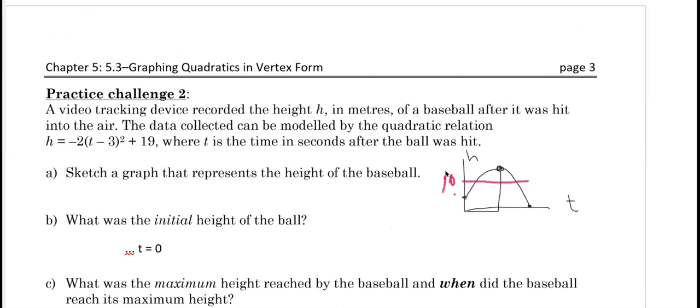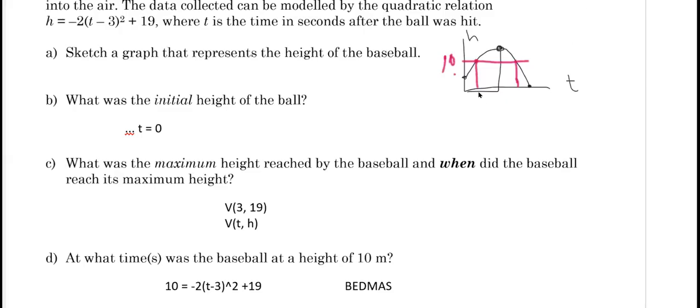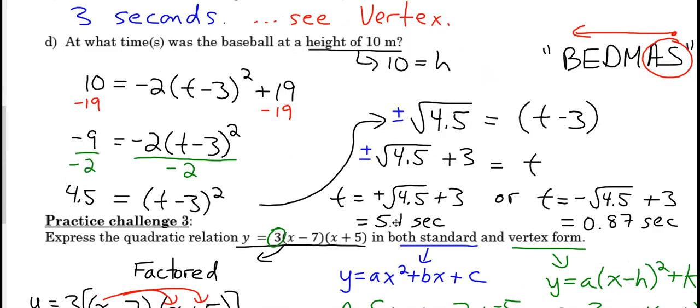Okay, and you have 2 times. So the 2 times would be indicated on the graph here. So you should have a small time and then a larger time, and that's indicated right here. 5.1 seconds is the larger time, and then 0.87 seconds is the smaller of the 2 times.